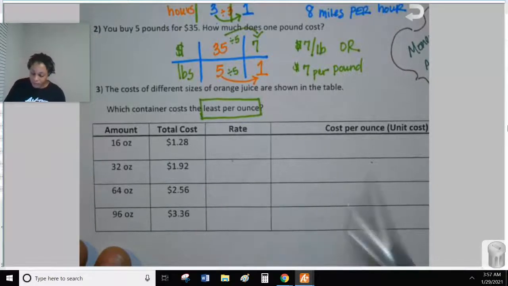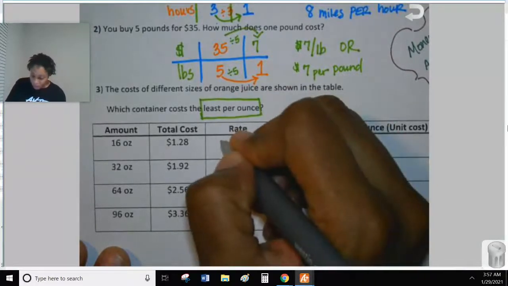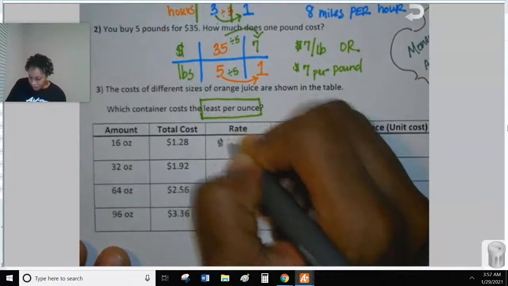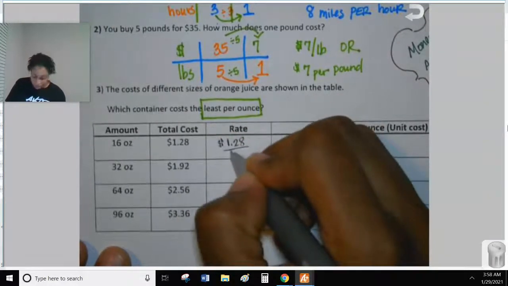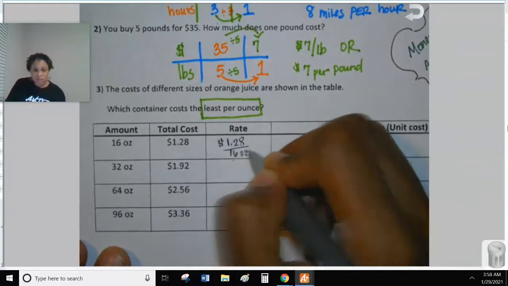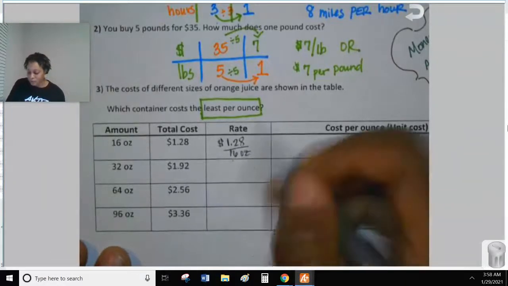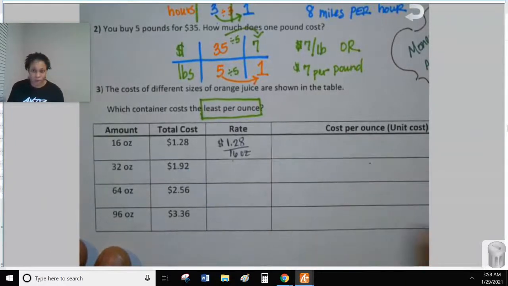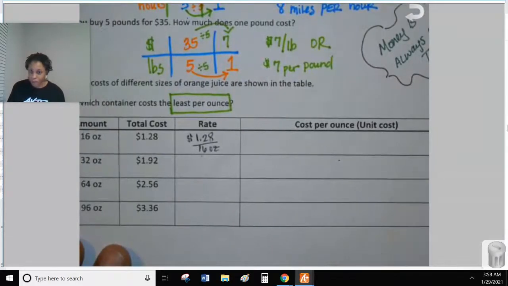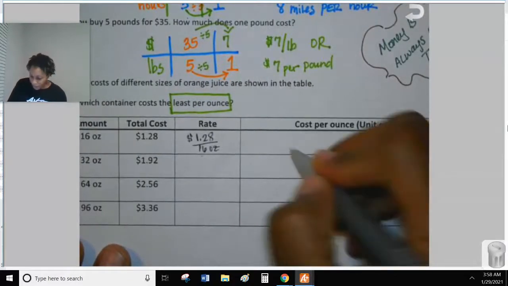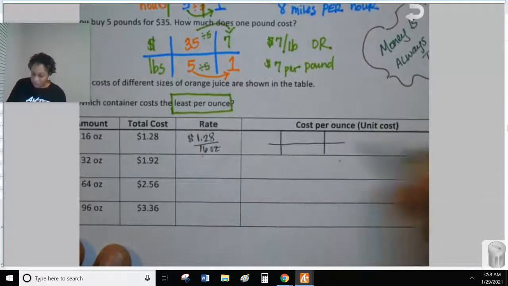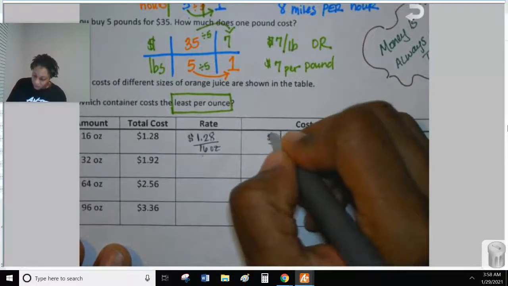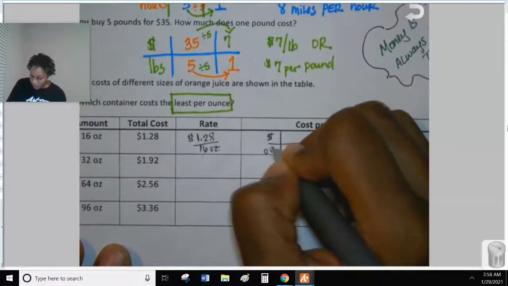The rate would be, money's on top, I would pay $1.28 for 16 ounces. So you can go down and write all your rates. The money's going to go on top and the ounces will be on the bottom. Then cost per ounce, I'm going to set up my H chart, and all of your H charts will look the same as well. Money will be on top for all, and ounces will be on the bottom.